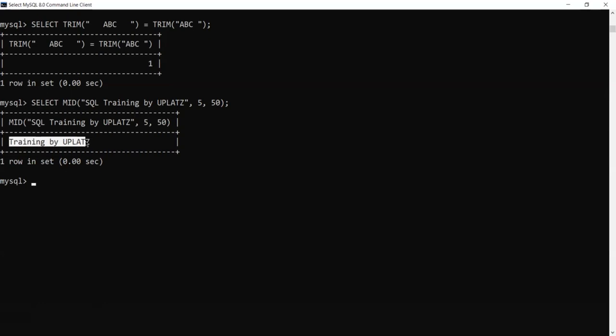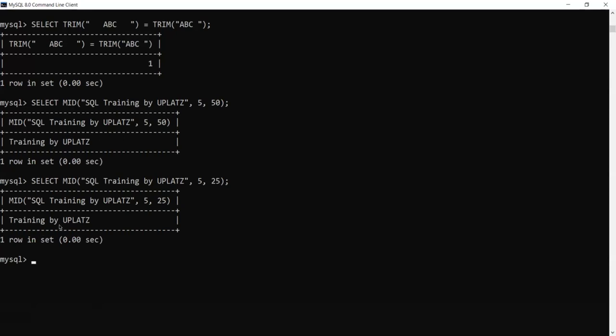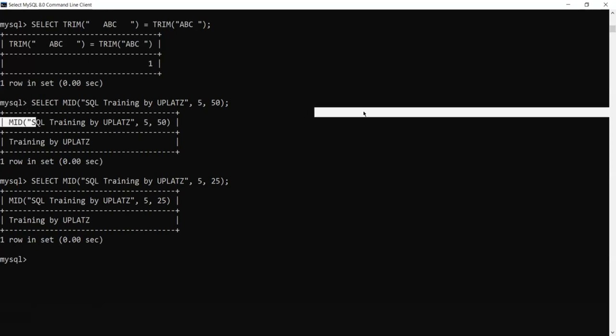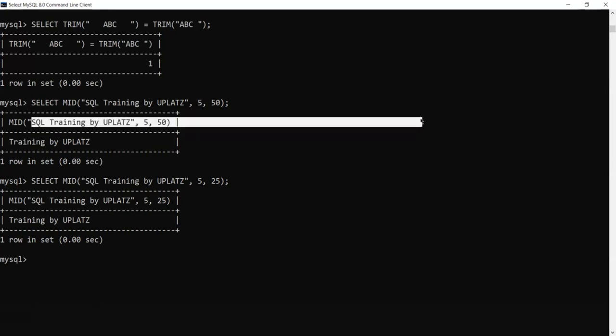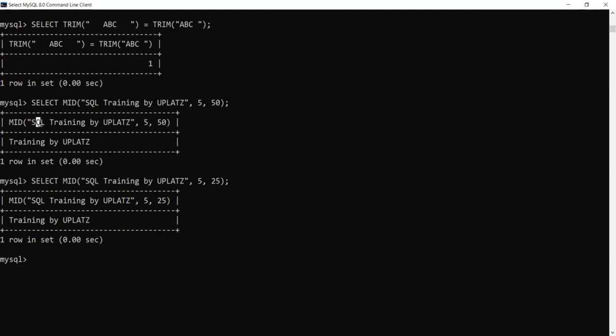As you can see, I got my expected output. Now let us try to reduce this length to 25. It was still working. Why I changed this is that sometimes it becomes very tedious. Suppose this is a very long sentence and you want to retrieve the entire length apart from the first section.